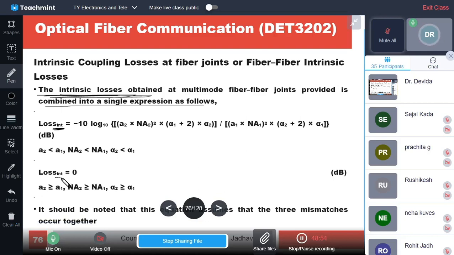And loss intrinsic is 0 if A2 is more than or equal to A1, NA2 is more than or equal to NA1 and alpha 2 is more than or equal to alpha 1. And it should be noted that all three mismatches are occurring together.